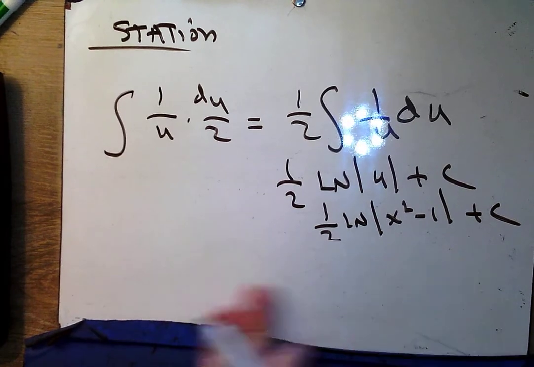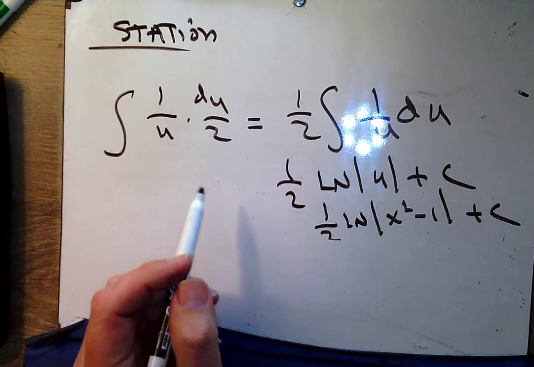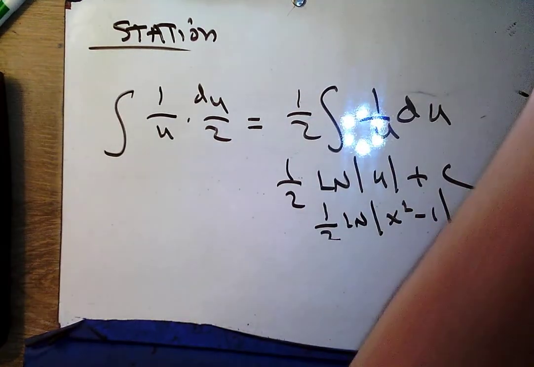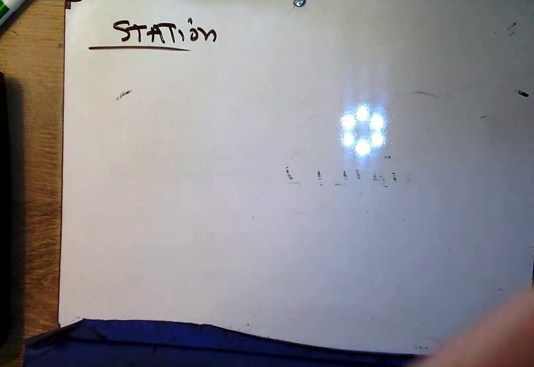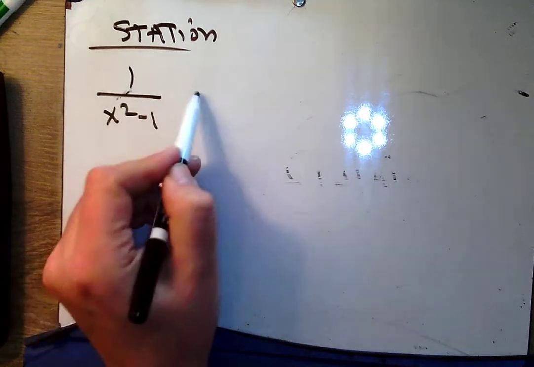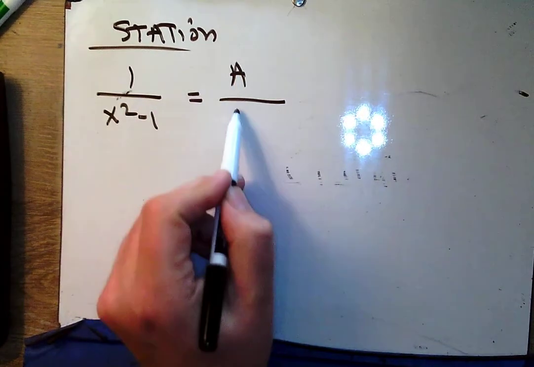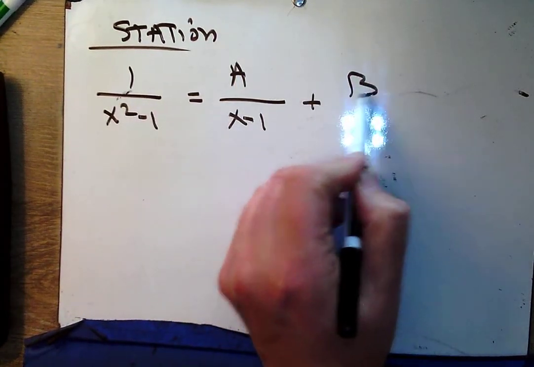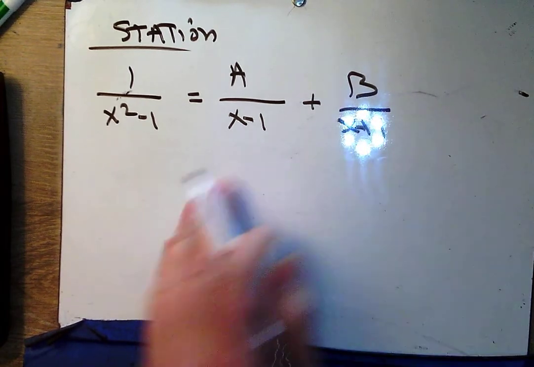Good. So that's c. What about d? Well, d is partial fraction decomposition. We've got 1 over x squared minus 1 equals a over x minus 1 plus b over x plus 1.